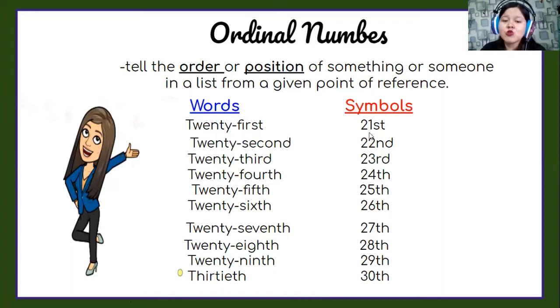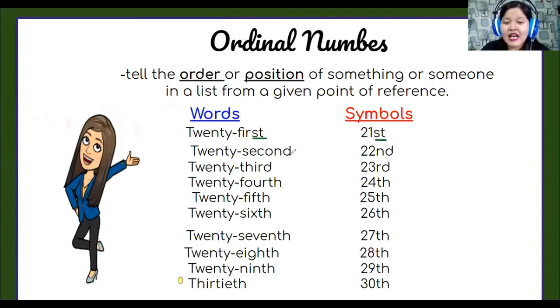And then, the last two letters of the word 21st are ST. So, we will also add ST. 22nd, the last two letters are ND, we will add ND. 23rd, RD, we will add RD.